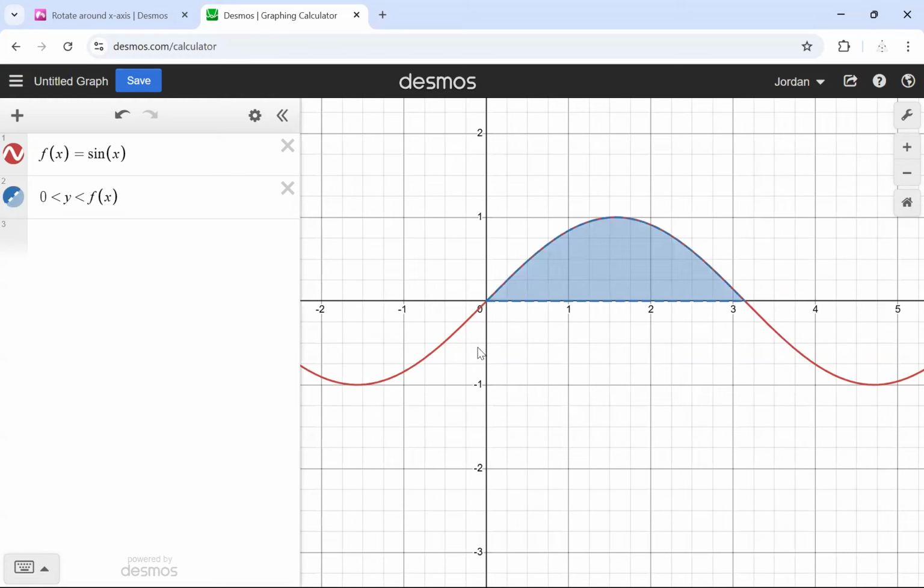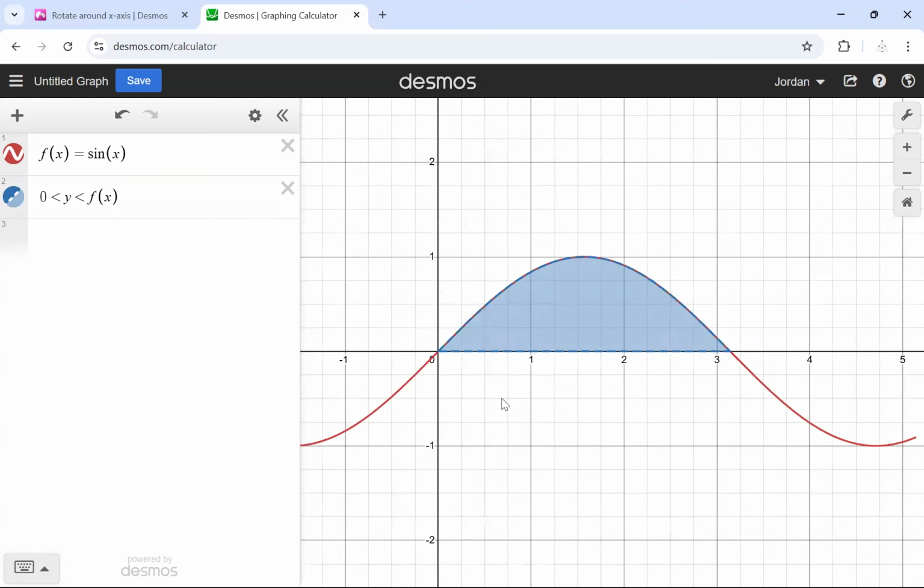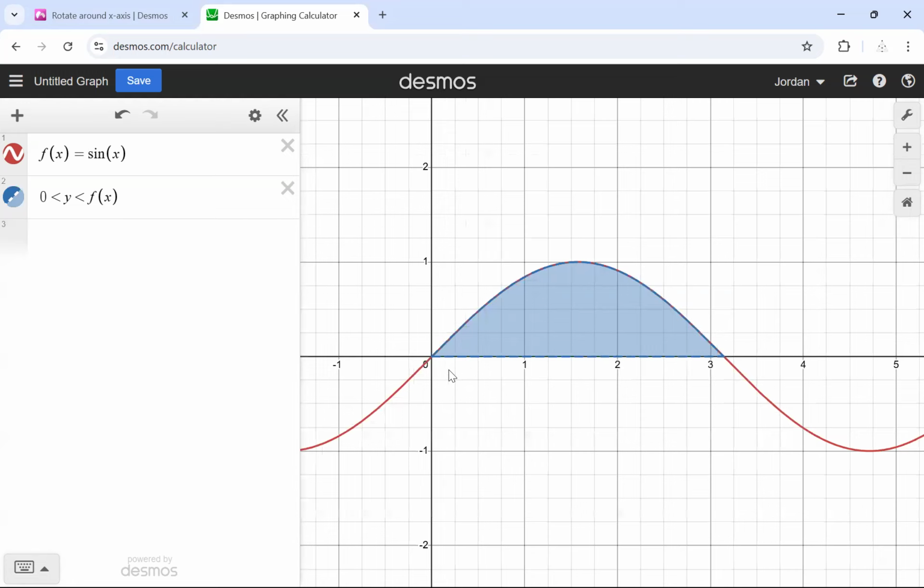But it does turn out that if you go from 0 all the way to pi, and we want to find this area, that area is exactly 2 using the fundamental theorem of calculus. And that is, again, fairly surprising, that this area in blue turns out to be a whole number.